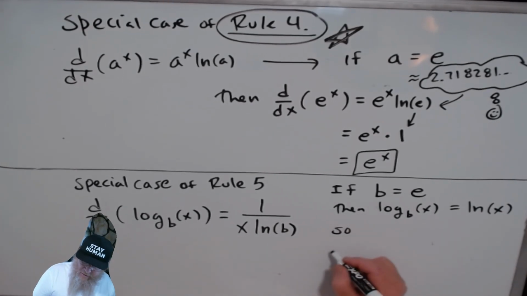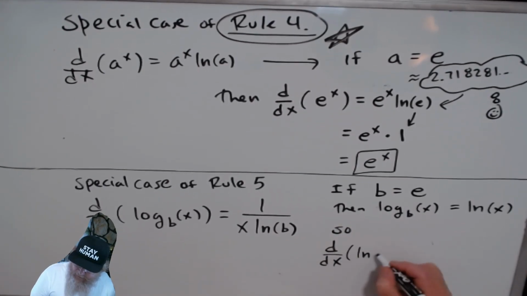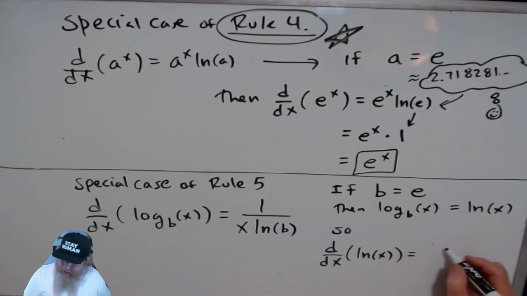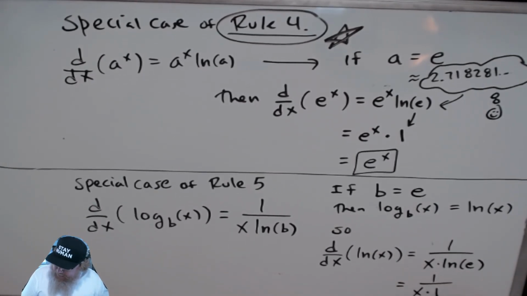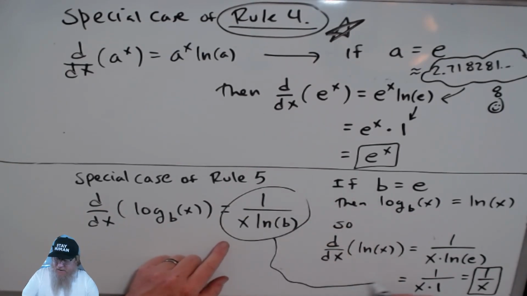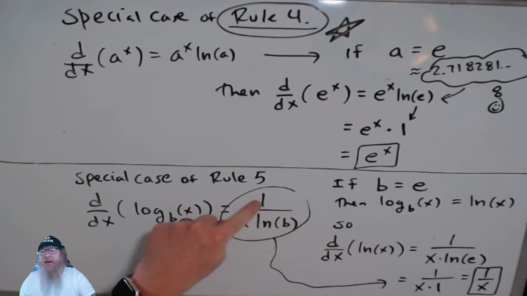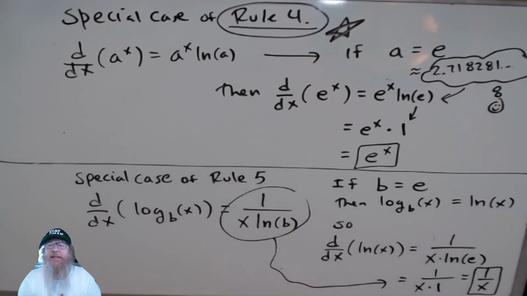And so the derivative of the ln of x is 1 over x times the natural log of e, which is 1 over x times 1, which is just 1 over x. In other words, this entire fraction here, the ln part disappears and you just get 1 over x as the answer.